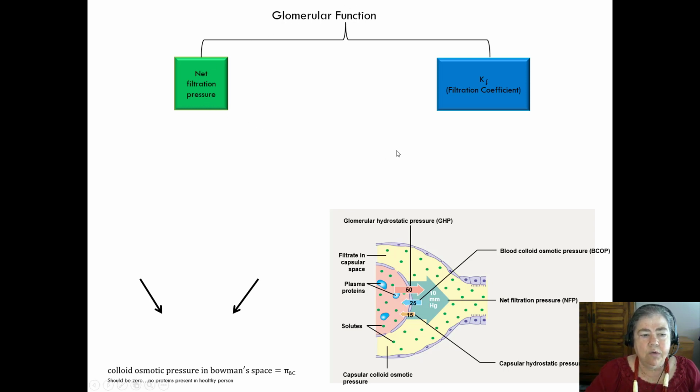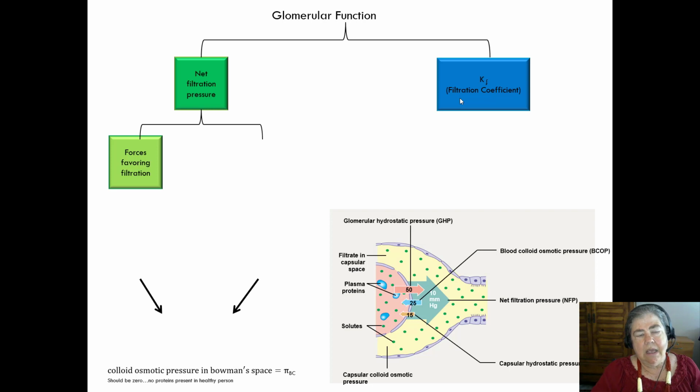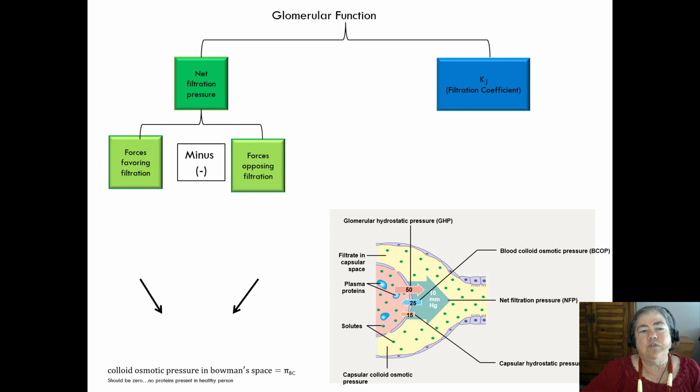So here we are looking at glomerular function, which is dependent on the filtration pressure and something called the filtration coefficient. The filtration pressure results from the forces that favor filtration, subtracting forces that oppose filtration.